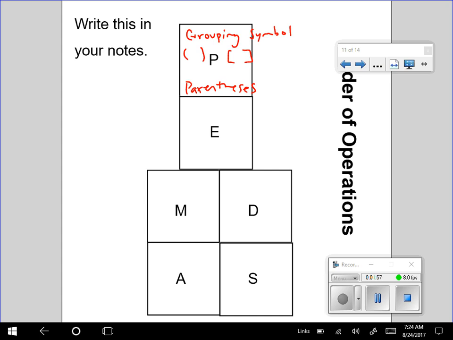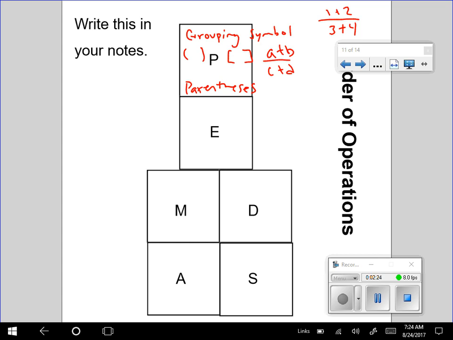One instance I want to talk about where you may not realize that you do have parentheses is when we're working with fractions and we have addition or subtraction within our fraction. So something like this. I'm using variables as an example. If I use numbers, it would look like this: 1 plus 2 over 3 plus 4. You may think, well, PEMDAS says I need to divide first and then I add or subtract.